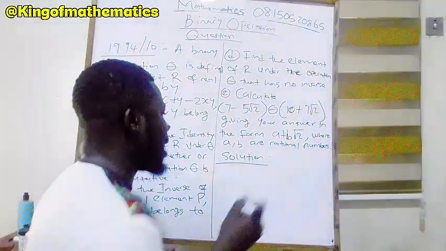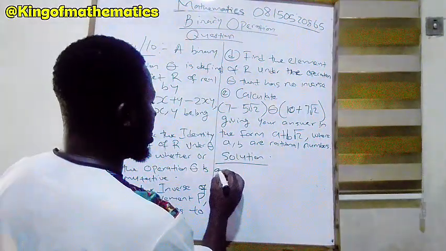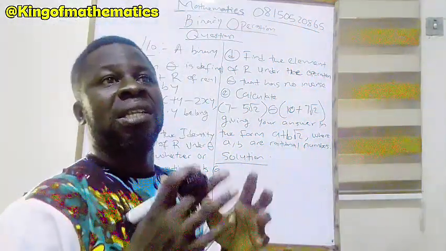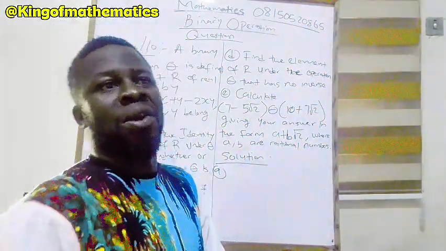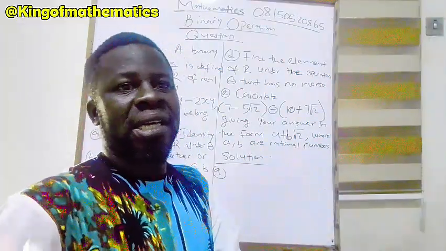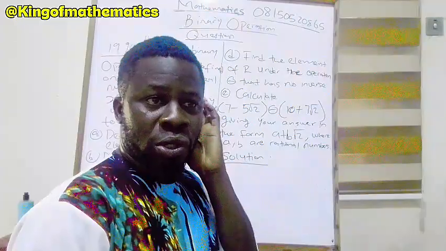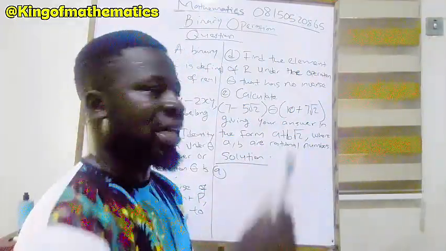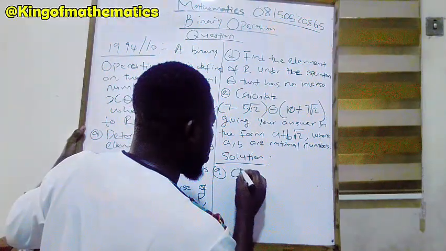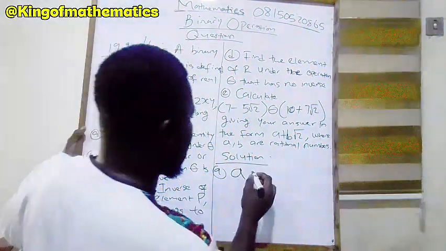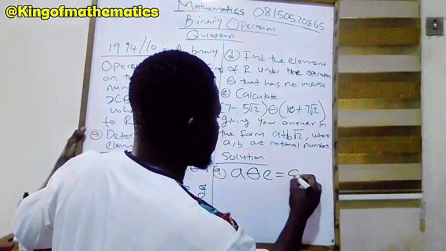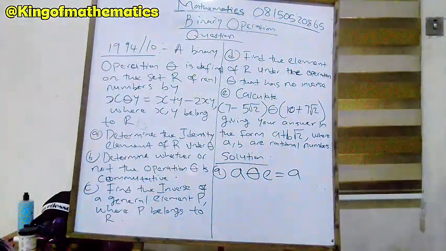In my last class, I made known that the identity element is that thing that when you operate it on any other element, it will still give you that element. We represent our identity element by E. So A operation E should give us A. That's the law of identity element.